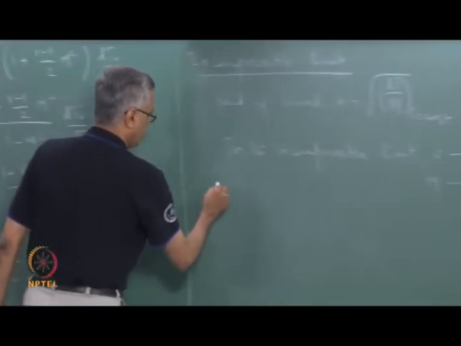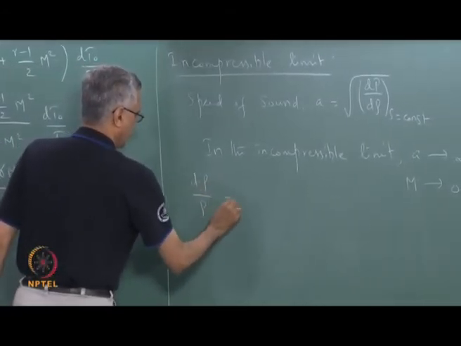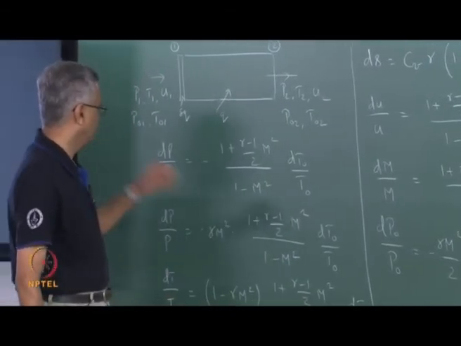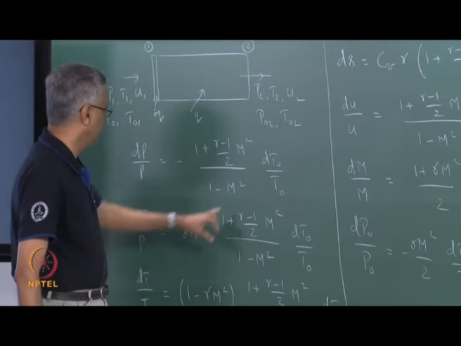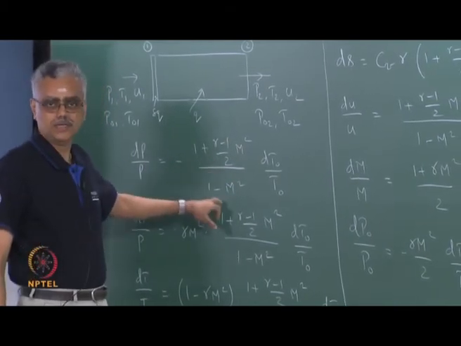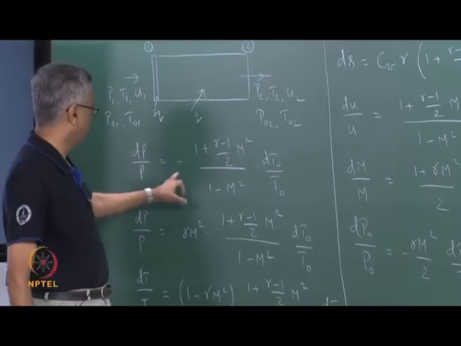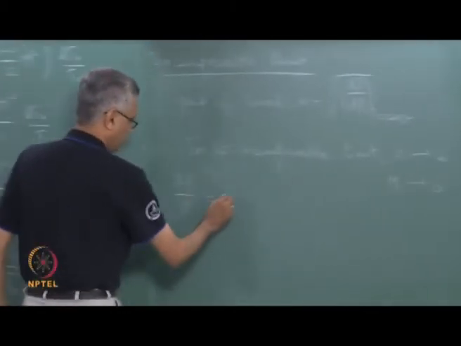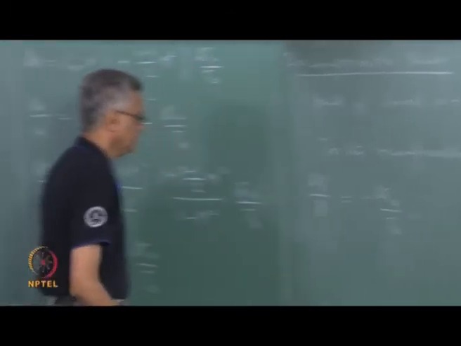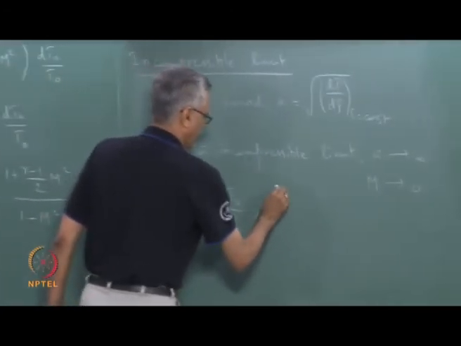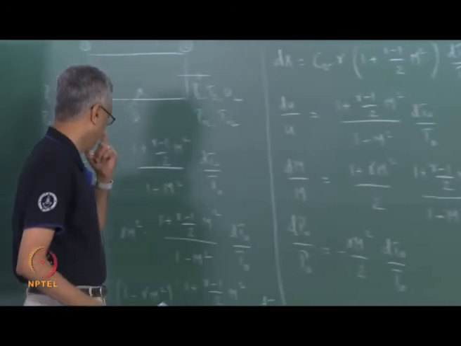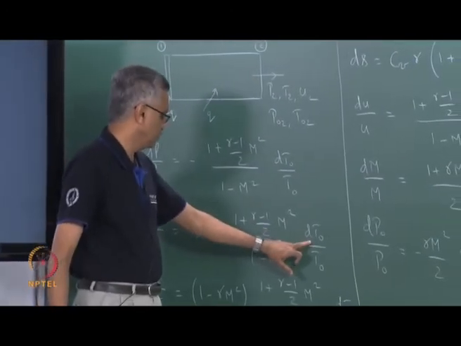So in the incompressible limit, how does the density behave for heat addition? So dT naught is positive, M approaches 0 in both these cases, so the numerator becomes equal to 1, denominator also becomes equal to 1. So d rho over rho is minus dT naught over T naught. Next, dP over P. dT naught is positive.